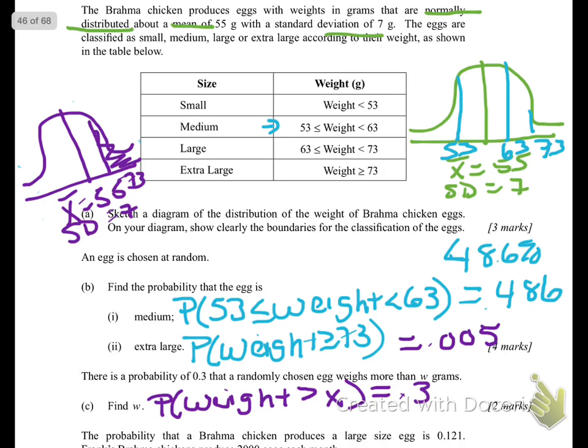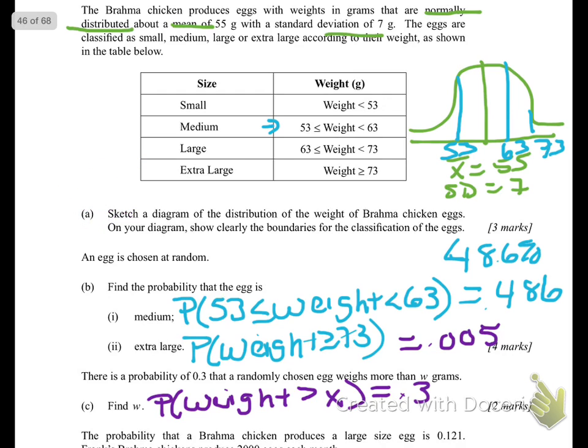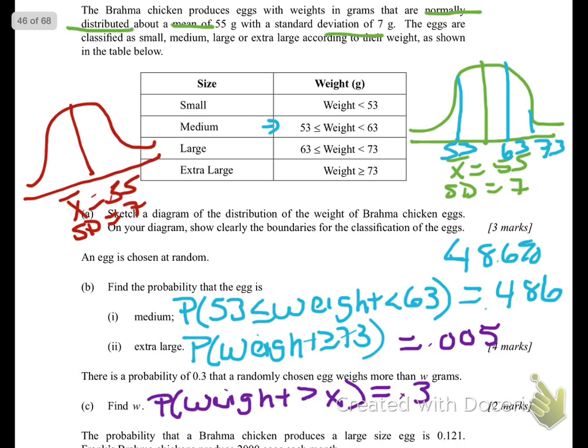Okay, so let's erase this window and use another color. Here I'm going to draw my distribution, and again my mean is equal to 55. My standard deviation is equal to 7. Now remember, when things have a normal distribution, the mean is the median. And what do we know about the median?